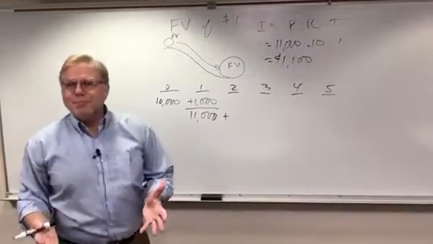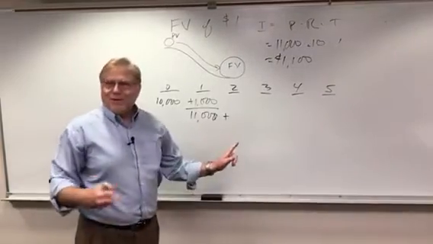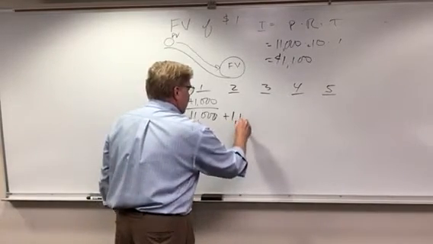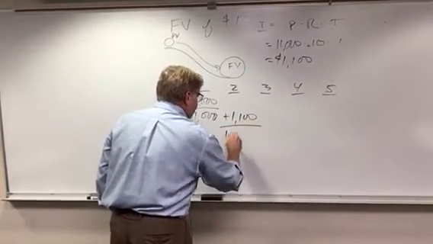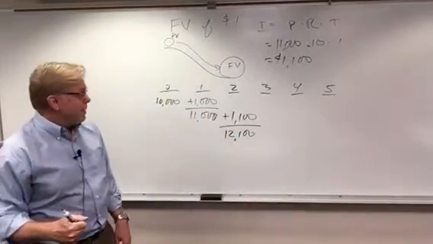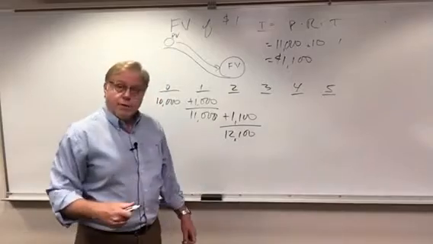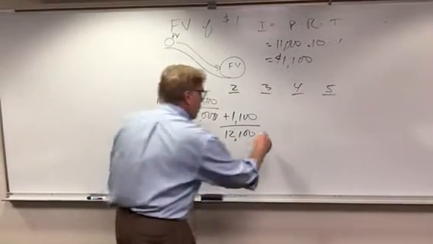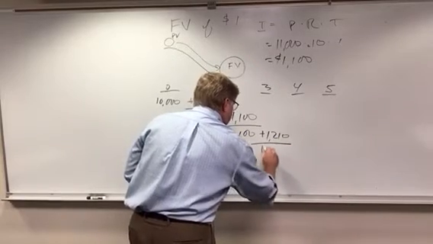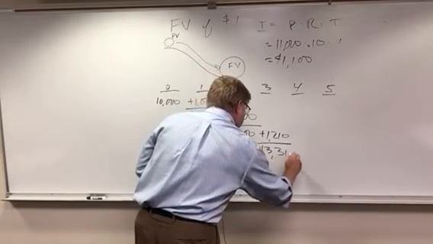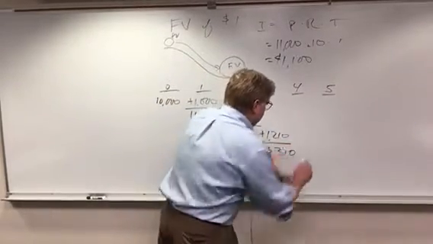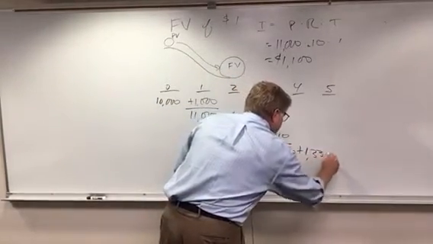You can see why I picked 10%, because it's relatively easy to do this in your head. So 10% of 11,000 is 1,100, and that means we've now got a balance starting at the beginning of year 3 of 12,100. If we continue this process, we see that in year 3 the interest is 1,210. That gives us 13,310. In year 4, we earn interest of 1,331.